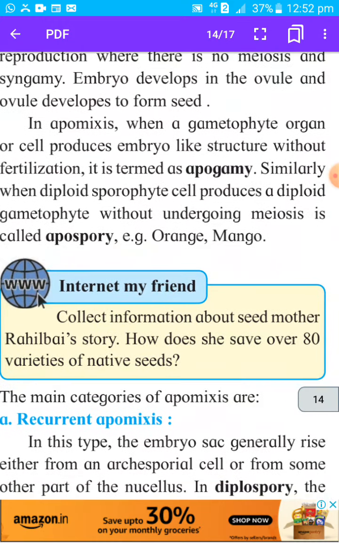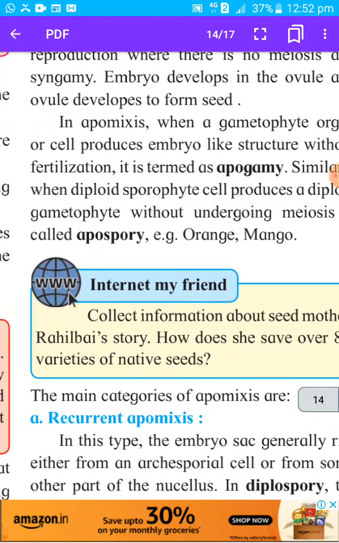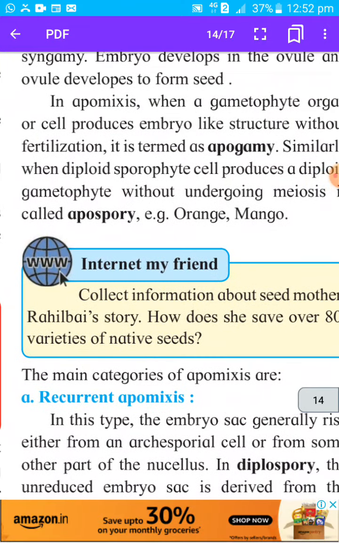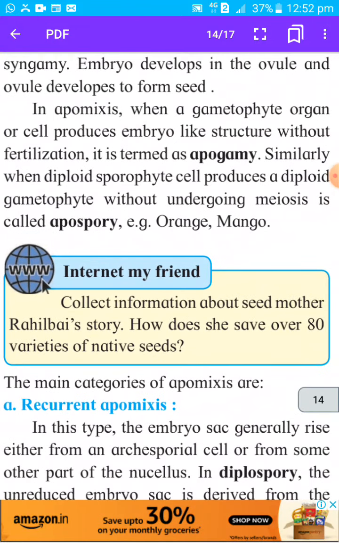In apomixis, when a gametophyte organ or cell produces an embryo-like structure without fertilization, it is termed apogamy. So in apogamy, the gametophytic organ or cell produces an embryo, meaning male and female gametes are not formed.